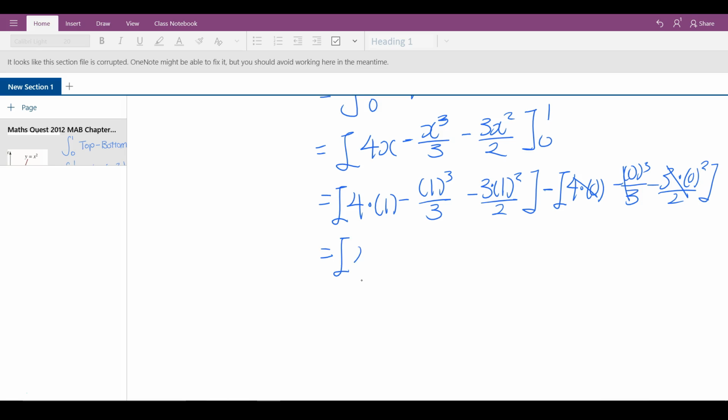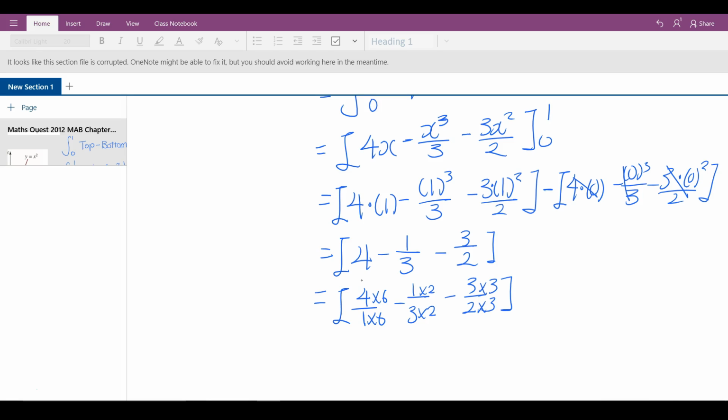Okay, so it's 4 times 1 is 4, minus 1 cubed over 3, well 1 cubed over 3 is still 1 over 3, minus 3 times 1 squared, which is 3 over 2. Now let's do it like the primary student. Let's find the lowest common denominator, which would be 6. So 4 over 1 times 6 times 6, 1 over 3 times 2, minus 3 over 2 times 3 times 3.